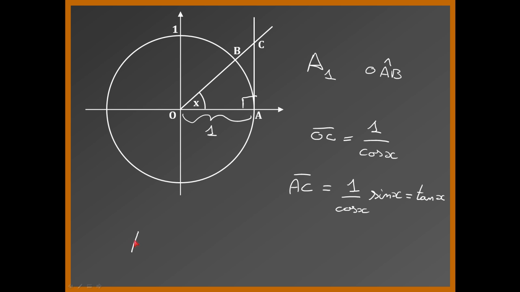Finally, the area A1 is equal to the base 1 times the height of the triangle, the segment AC, which is tangent of x, divided by 2.